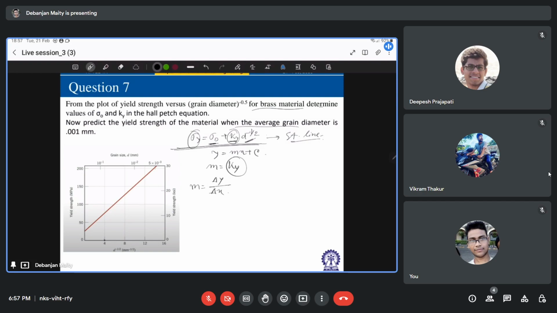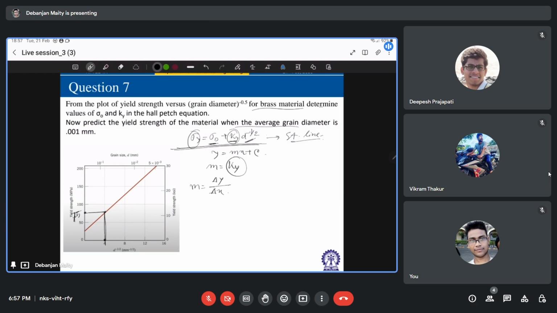Now for this, let's say this is your value d to the power minus half, which is 4 mm. So for the value 4, you have this yield strength as how much? 75, correct?